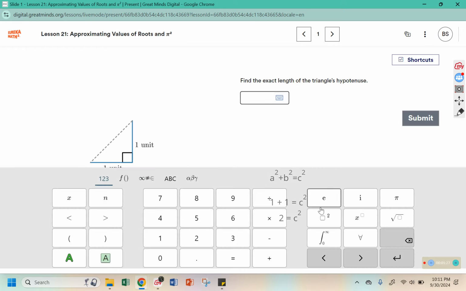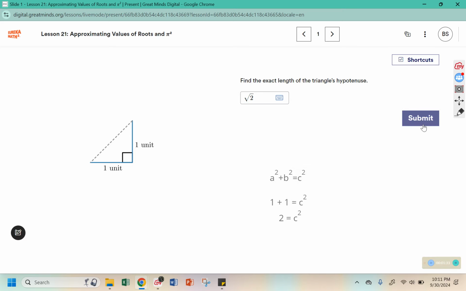That means c will be the square root of 2. We're square rooting both sides. We square root this and it leaves us with c, and square root of 2 is exactly square root of 2.